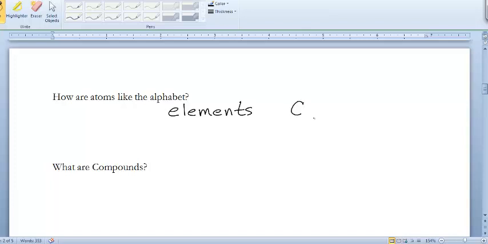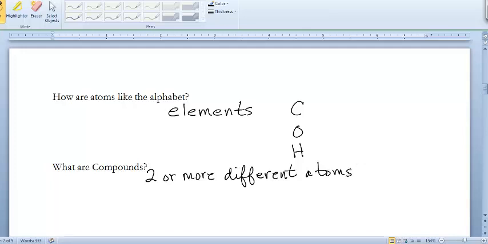So we have things like carbon and oxygen and hydrogen, and we can combine these in order to make other substances, and those other substances are called compounds. And compounds are two or more different atoms, and those atoms are chemically connected.